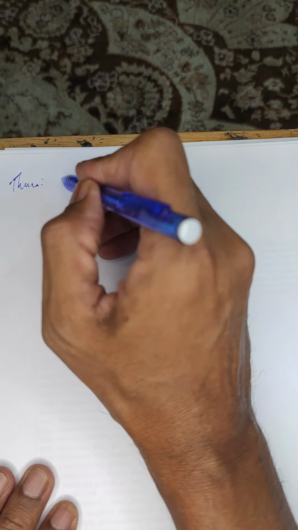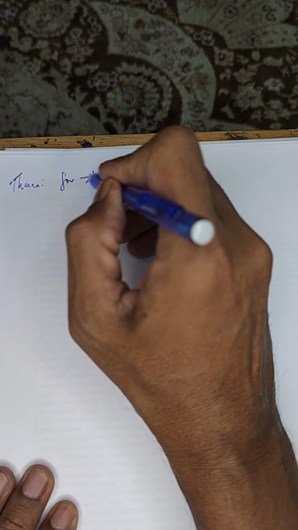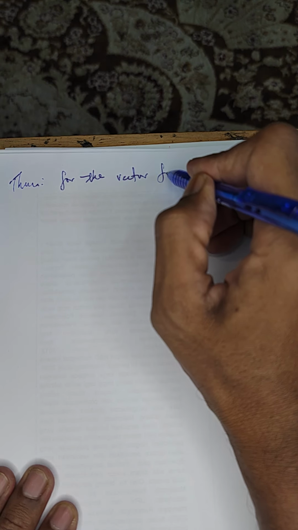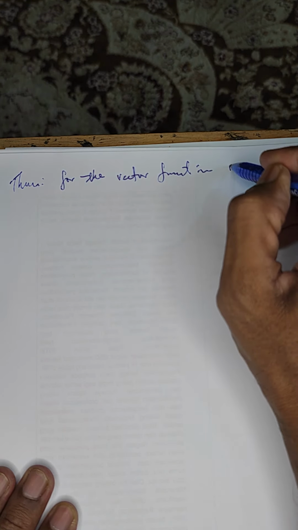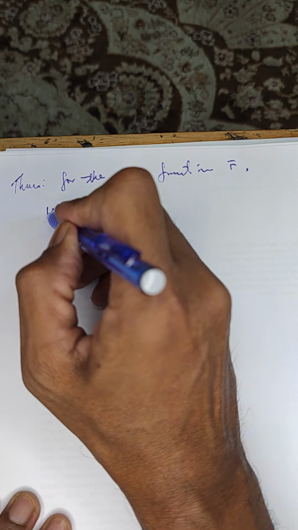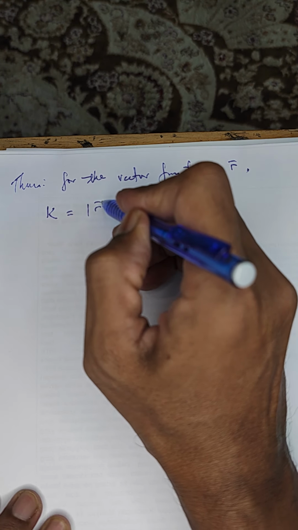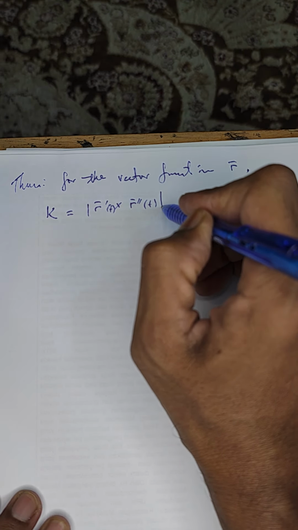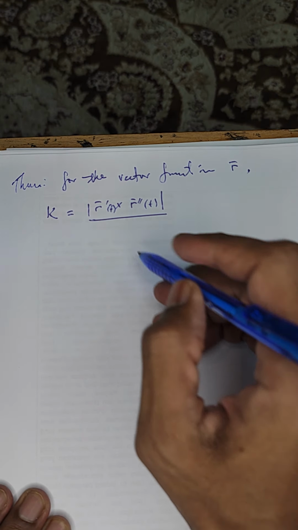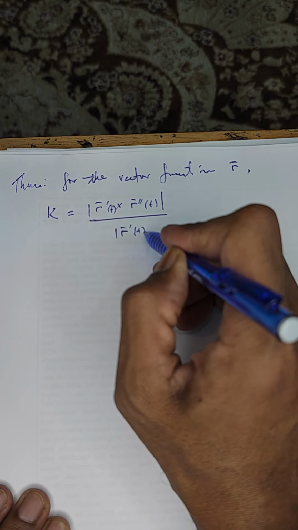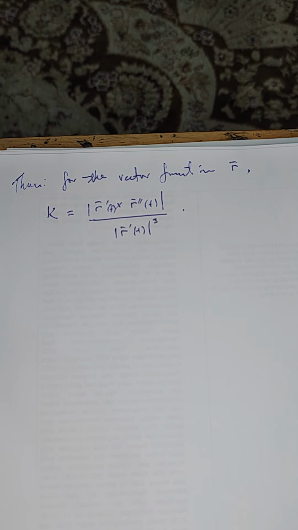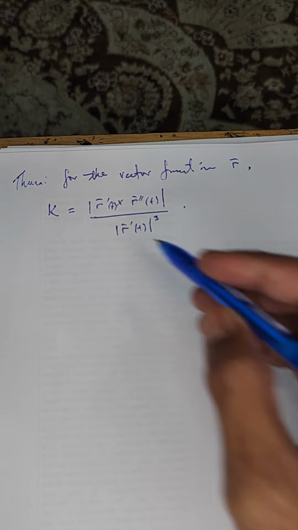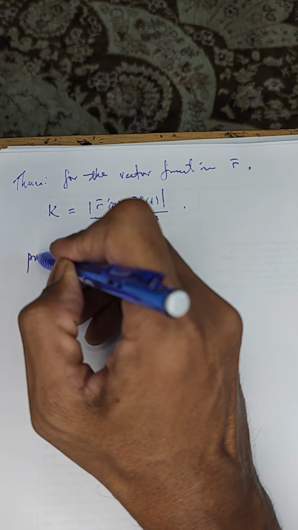For the vector function r, the curvature is given as the magnitude of r'(t) cross r''(t) over the magnitude of r'(t) cubed. Okay, proving this is not that difficult. Let me show you the proof.